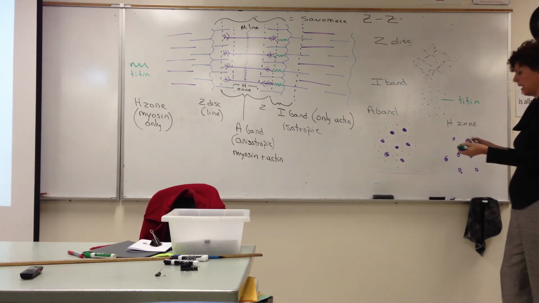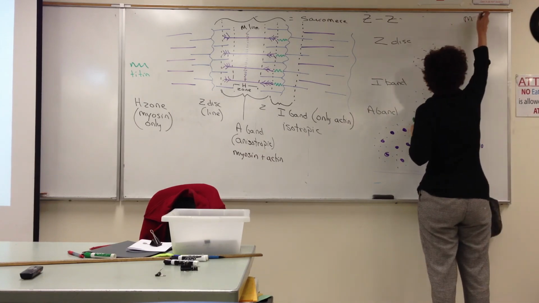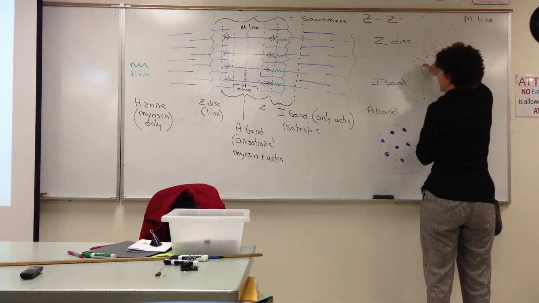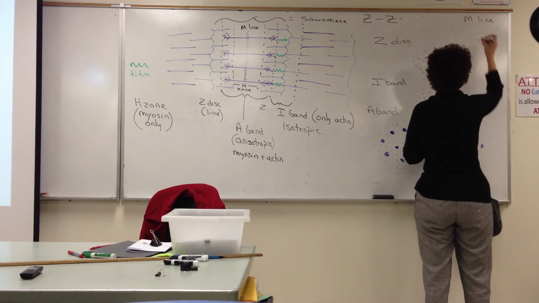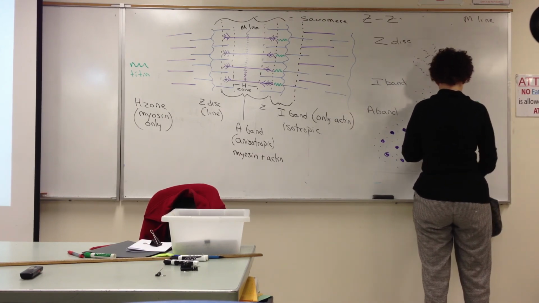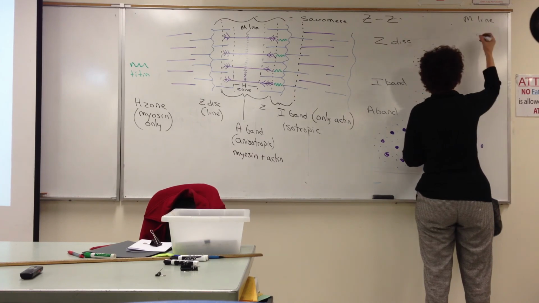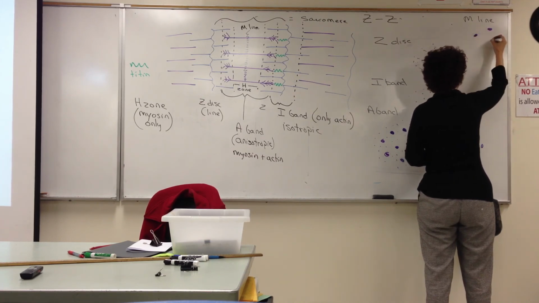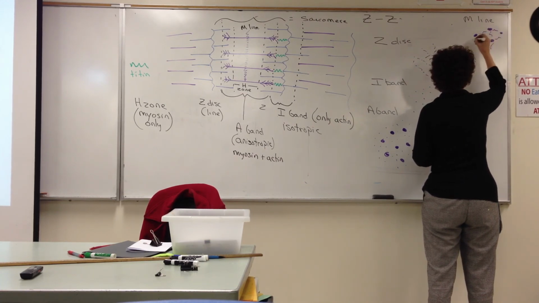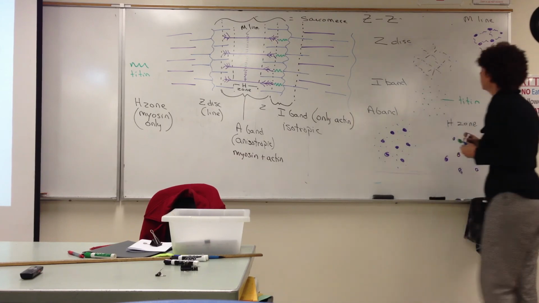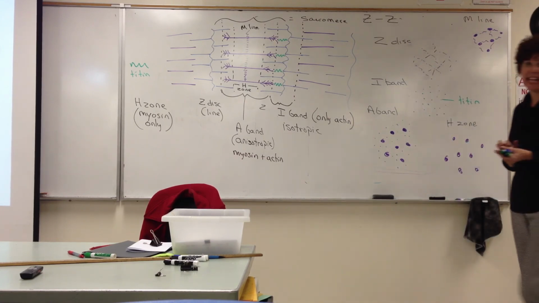And then if we're at the M line, it'll be like this, where we have just myosin. We don't have actin, but we have the proteins of the M line holding the myosin together.